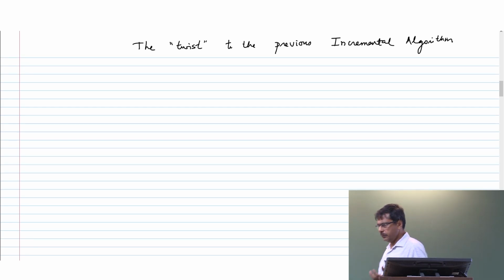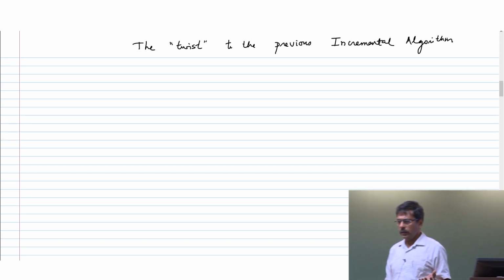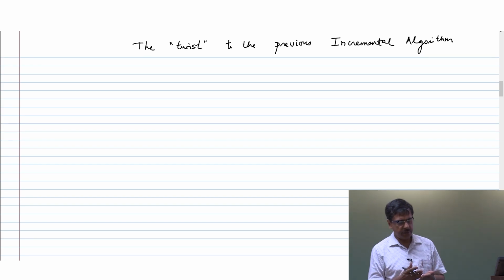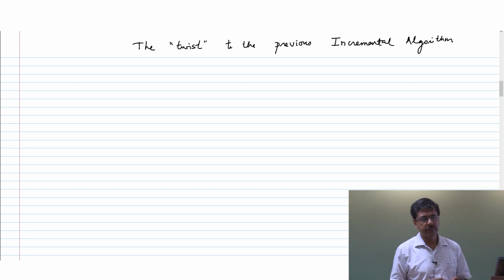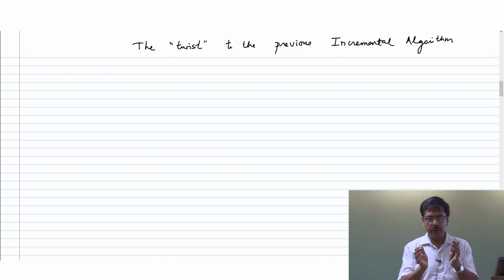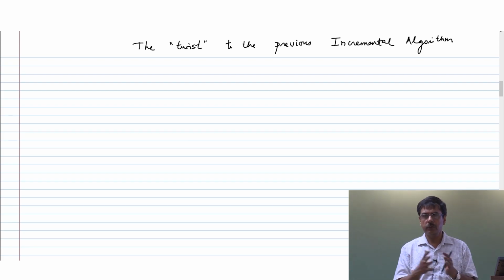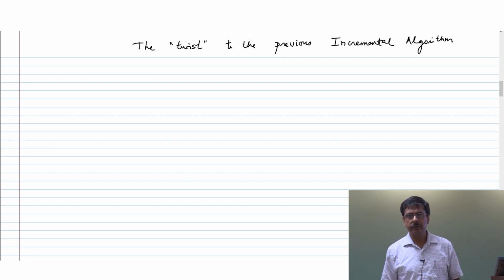I can do this not only for this algorithm, and as we will see, the generalization is that suppose I were to construct a convex hull, I could always add these points in some order and maintain the convex hull, and finally get the convex hull. If I want to construct a Voronoi diagram, I could add those points one after the other and maintain the Voronoi diagram, big deal, right? Finally, I get the Voronoi diagram.